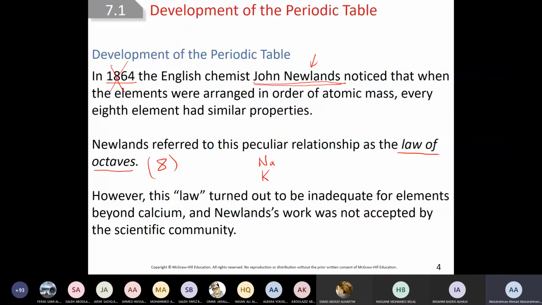After the 8th element comes potassium, and potassium is similar to sodium, and he said that this is the law of octave. Every 8th element becomes similar to the first one before it. Is this clear? That's all what I wanted to know, not much.